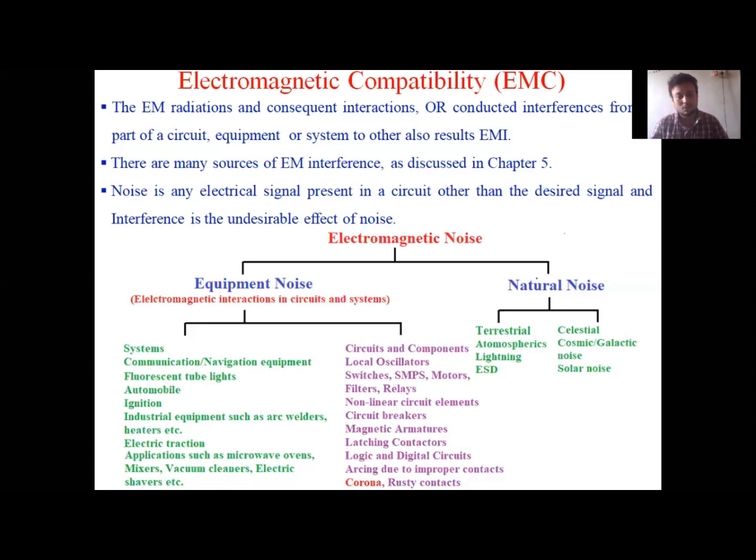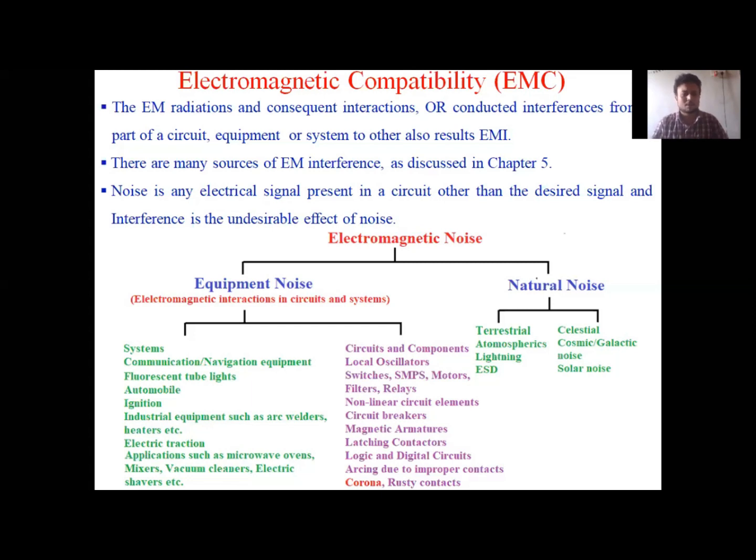Even if I am applying a DC source, but I am using a switch, what will happen? A DC source doesn't have any time variation, but I am using switching operation. Due to the switching operation, there is a sudden change in the amplitude of the current and voltages, which causes variation of current and voltage with respect to time, and which generates electromagnetic waves. That is nothing but interference, and that interference may induce into the neighboring equipment and may destroy or change the performance of the neighboring equipment, and that is not a desired thing, right?